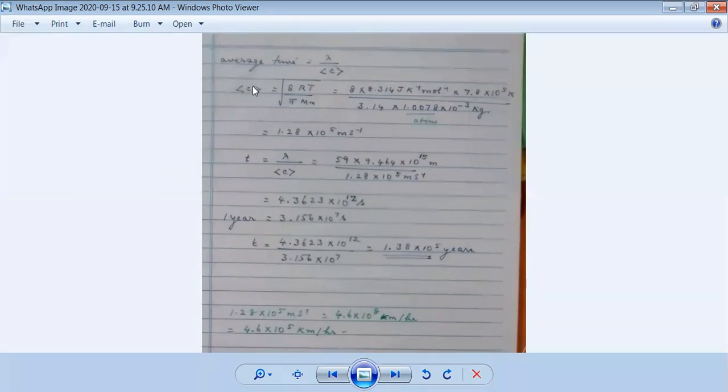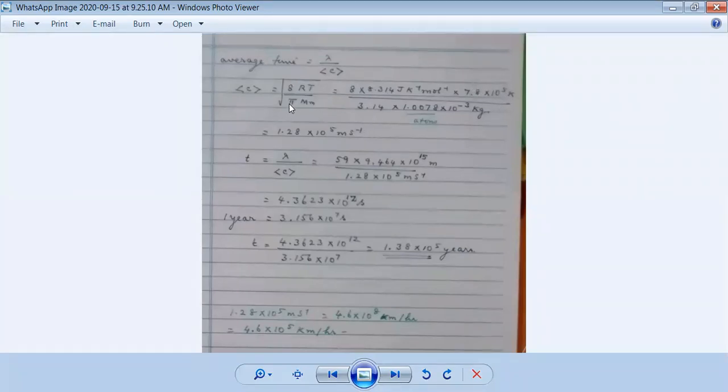Average velocity is square root of 8RT by pi into molar mass. It is 8 into R, 8.314 joule per Kelvin per mole, multiplied by 7.8 into 10 power 5 Kelvin. This is given. The temperature of intergalactic space is given.